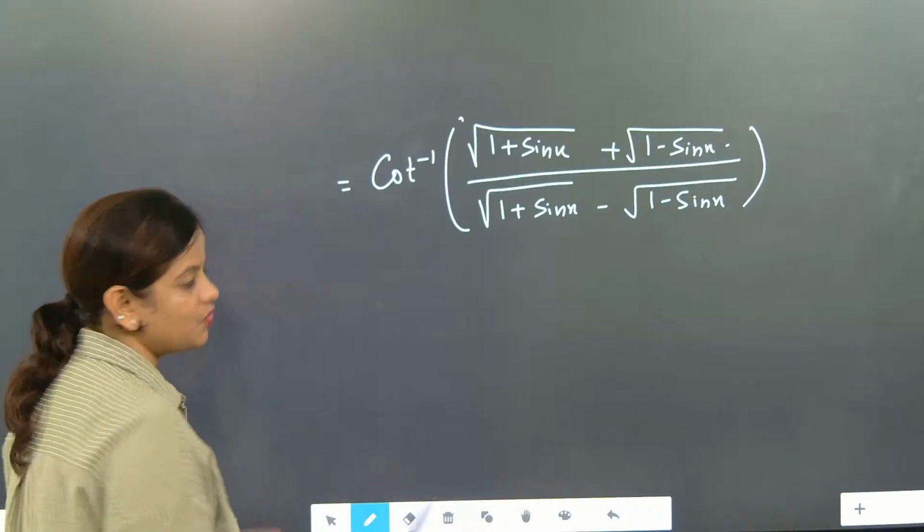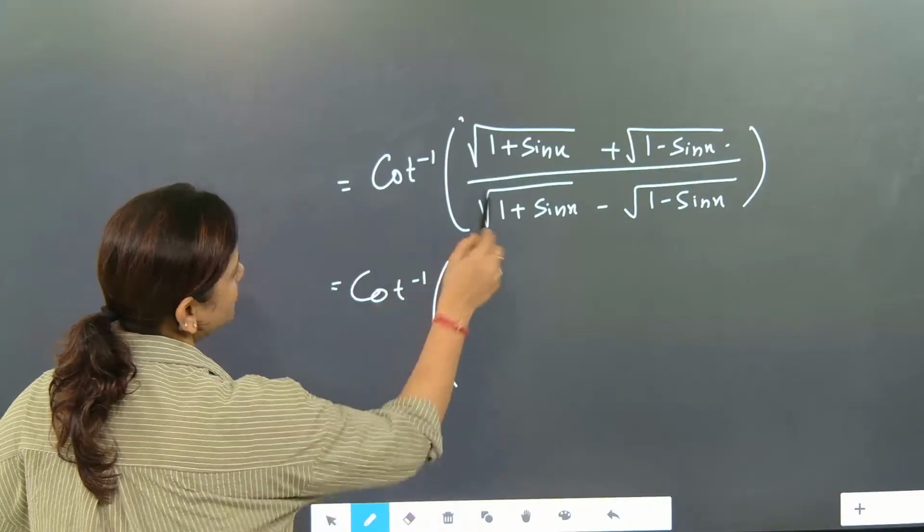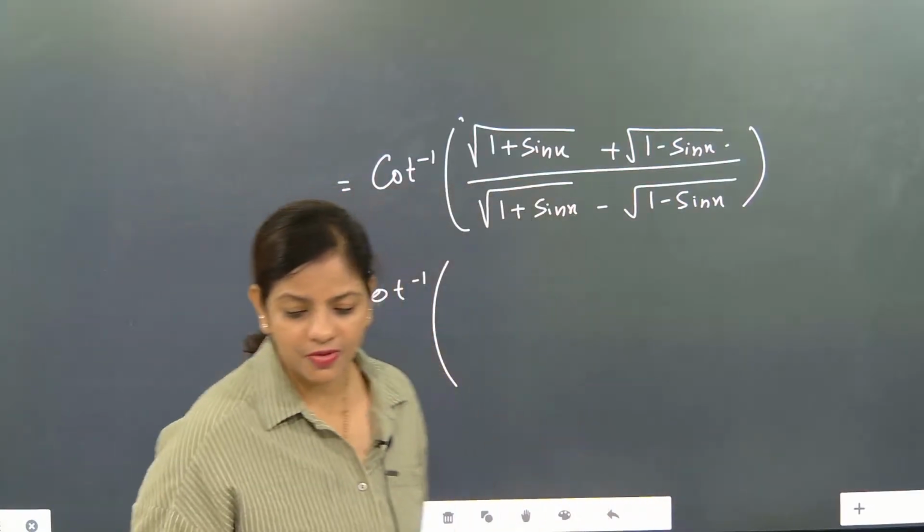So we have a total war on. So here it is coming as cot inverse 1 plus sin x will become what? What we can do with sin x? You always remember that.